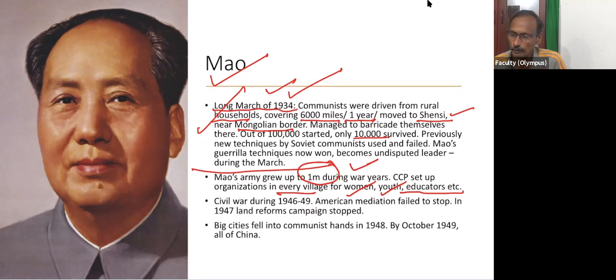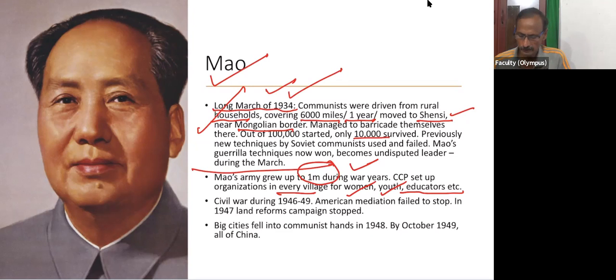More and more people went to the communists. Okay, and so when the war ended by 1945, because Japan was bombed and defeated, by the end of World War II, communists were more popular, more powerful, and they were in more areas.